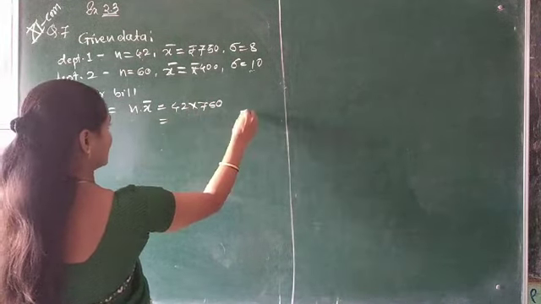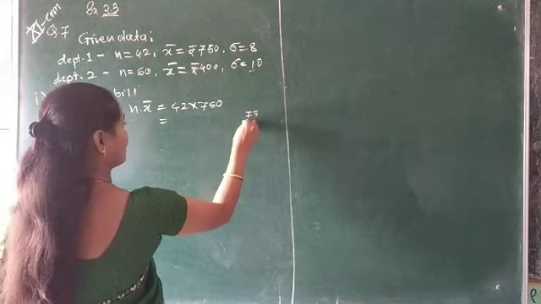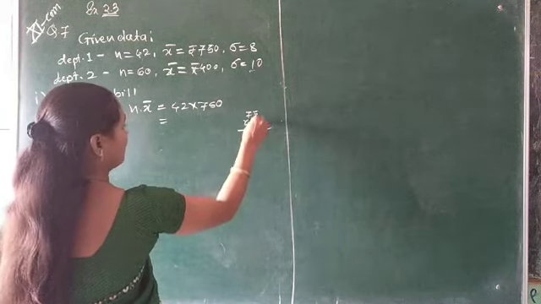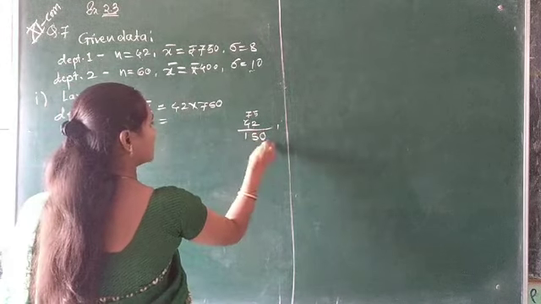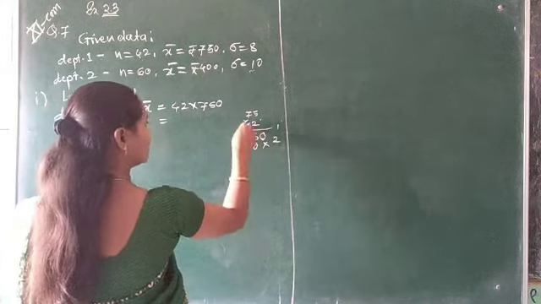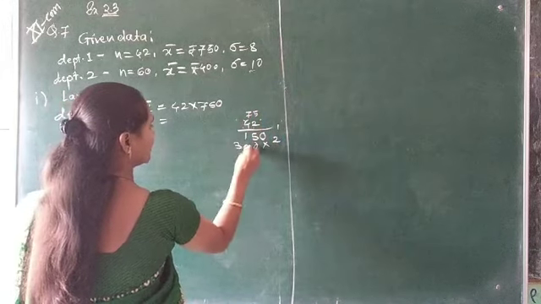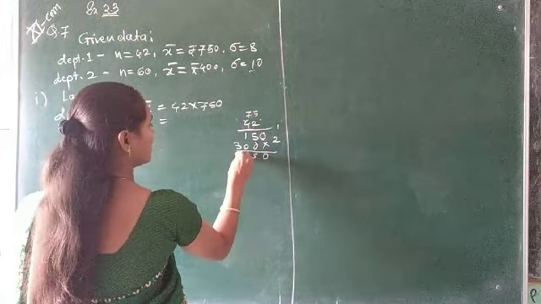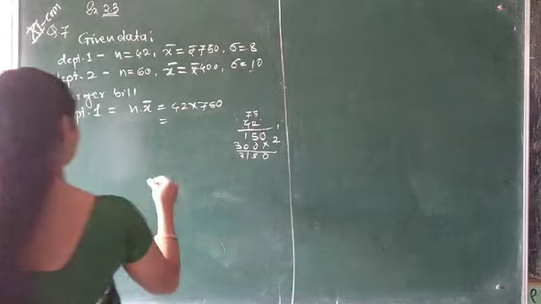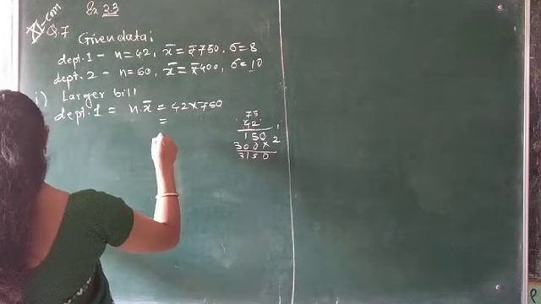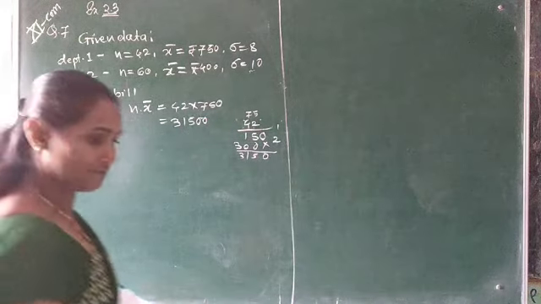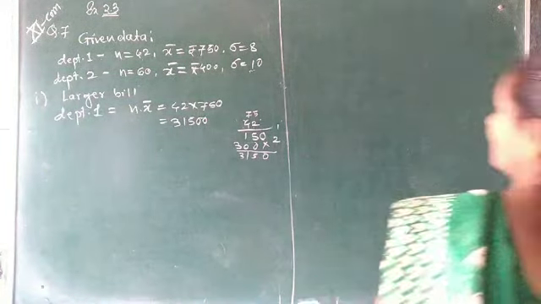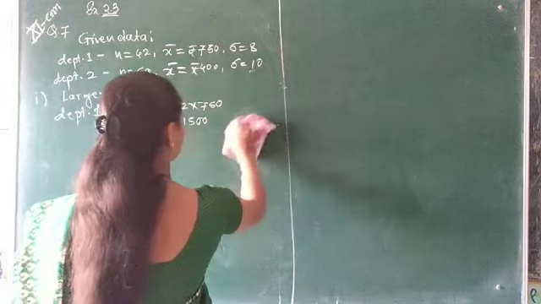If we take the product of this, then 5 into 42: 5 twos are 10, 4 sevens... 5 fours are 20, carry 2 is 22... that is 31,500. And this is for department 1.